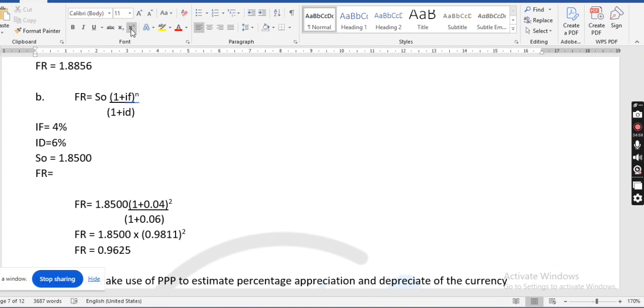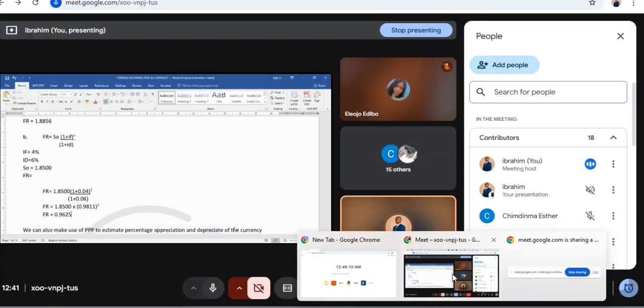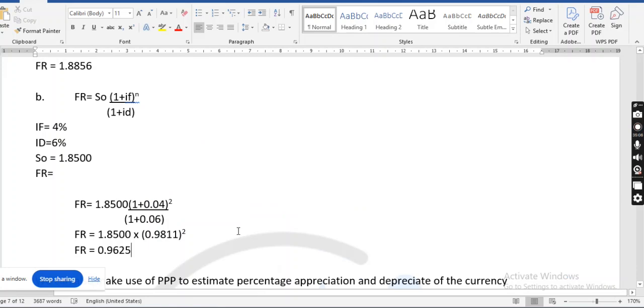Is it 0.9625? It is 0.9626. Now, since it's 4 places, we're leaving it. Okay. Now, this is the forward rate.